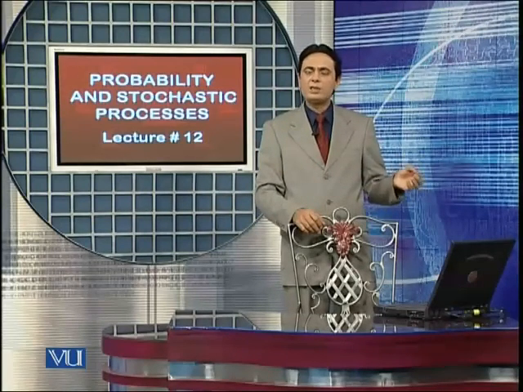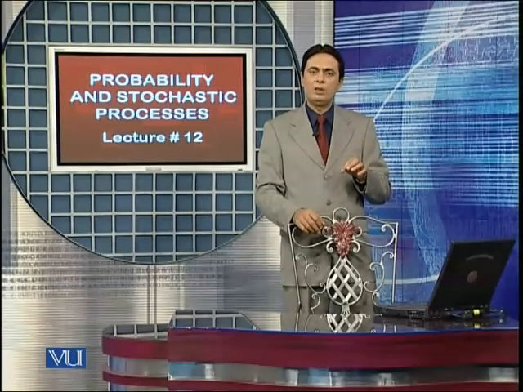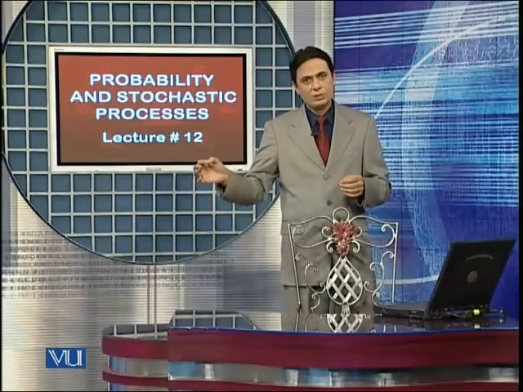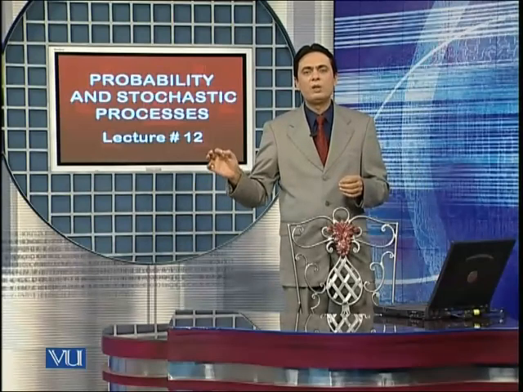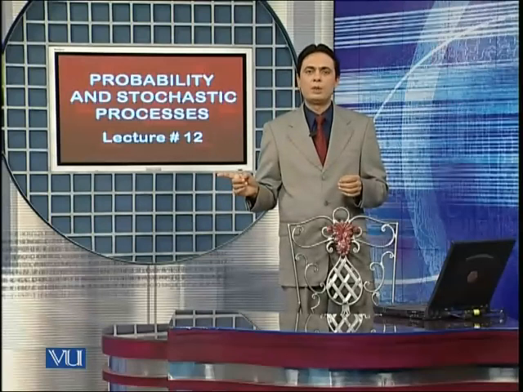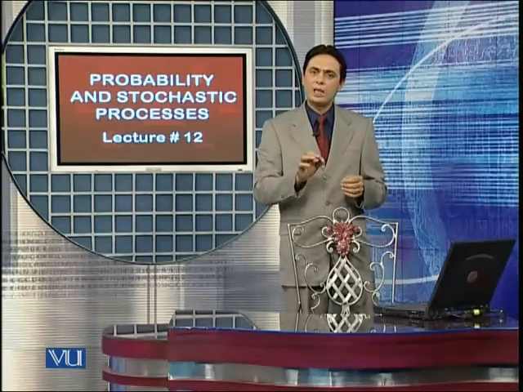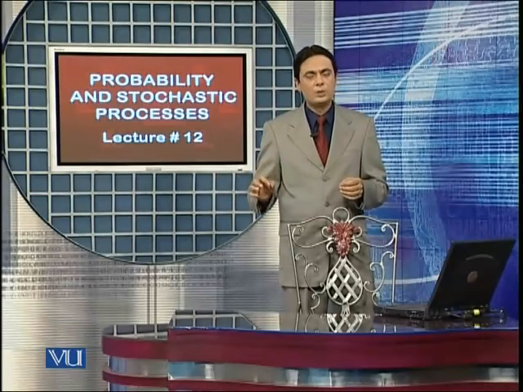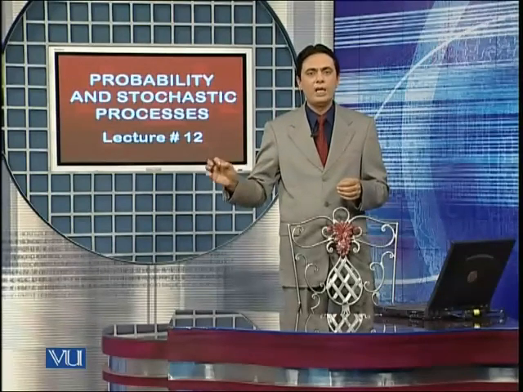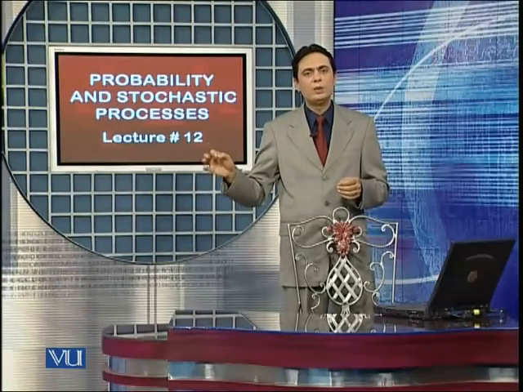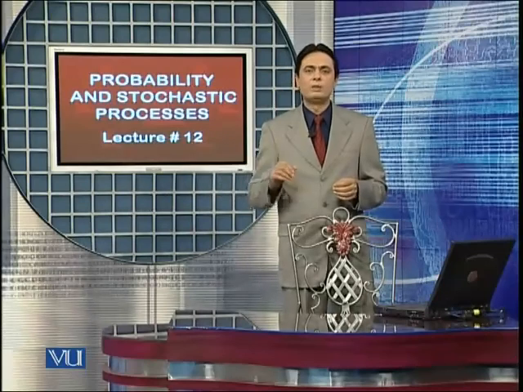So if x takes on a certain value x1 with probability p1, then the random variable y will take on value 2x1 plus 1 with the same probability. So probability of x being equal to x1 is equal to probability of y being equal to y1, where y1 is 2 times x1 plus 1.